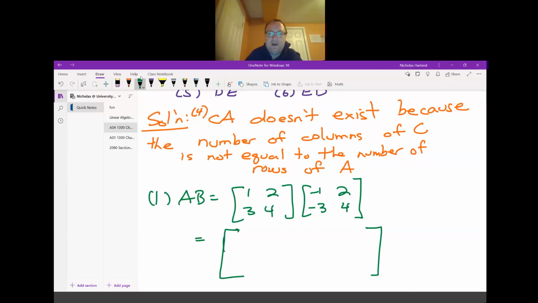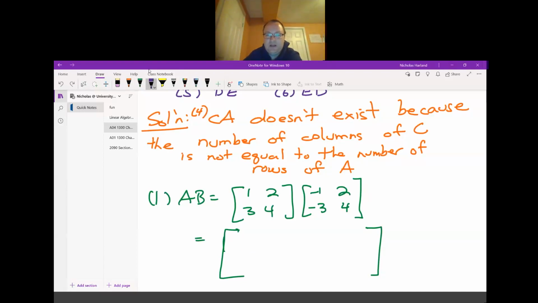So if I want to find the first row, first column entry of the product, what do I need to do? How do I find the first row, first column entry?